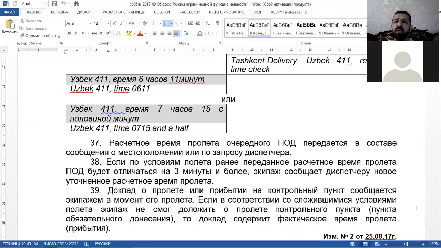So that is the accuracy of the watch. In aviation, one minute is not accurate, and a second is impossible, very difficult. This is why there is a rule: the controller and pilot should give the time check to a half minute. If your watch shows 0611 and 45 seconds, you may say 0612.